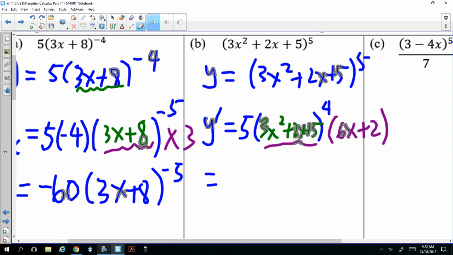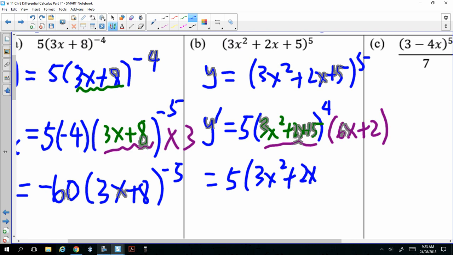Oh, you expand, but I prefer you factorize. Factorize is better. Even if you write 30x, you still have to factorize. So you write 2x, 3x plus 1.